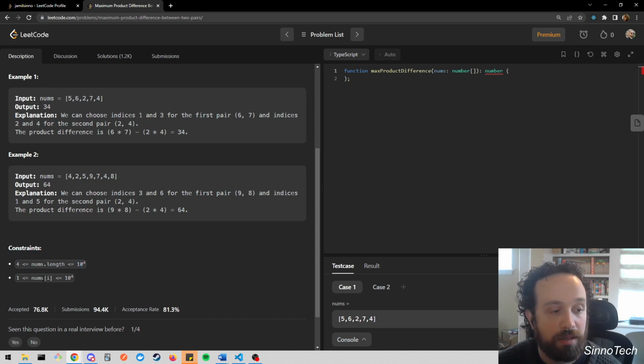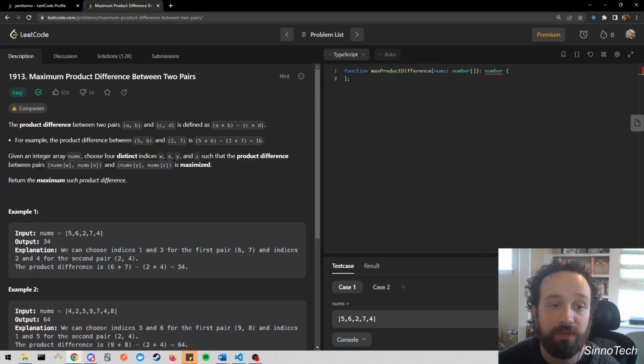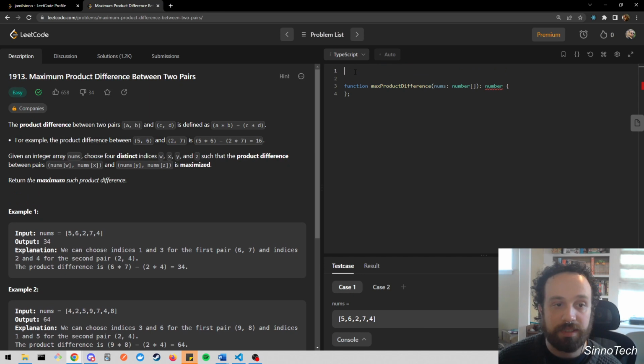And our nums[i], so the actual number itself, can be anywhere between the number 1 up to the number 1,000, okay? So we need to take that all into account. So, without further ado, let's start tackling the question. And I think you might be surprised to see how easy it may be because there is a simple trick to it.